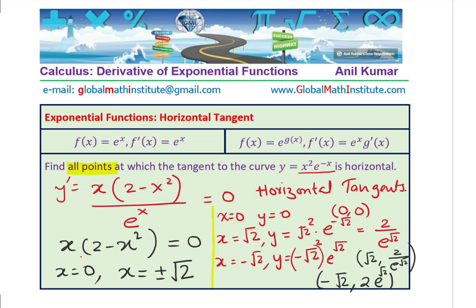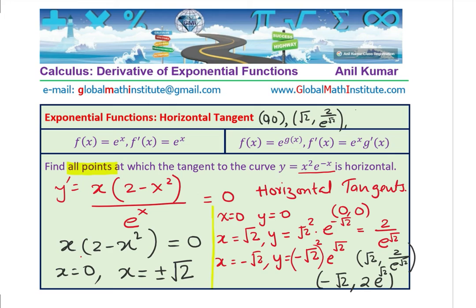Perfect. So let me read out the answer here. We have the points as (0, 0). That is the first point. The second point is, if we take positive square root 2, in that case, we get the y value as 2 over e to the power of square root 2.